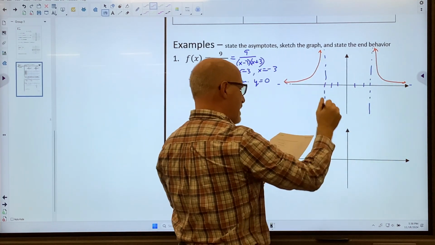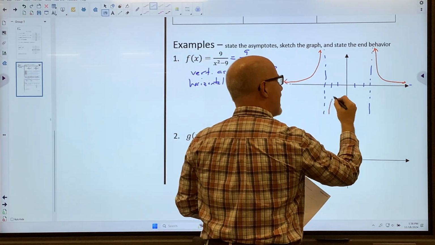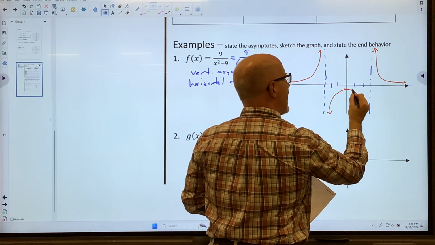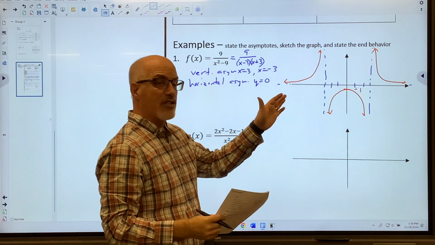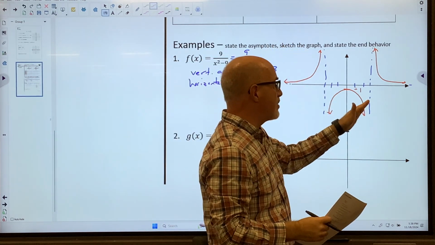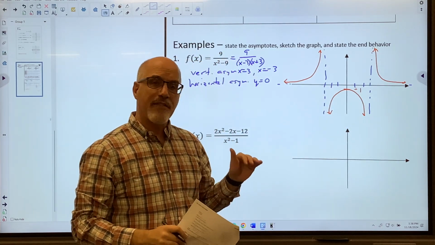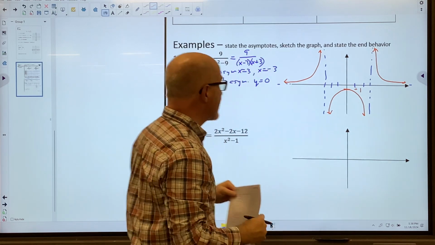And then in the middle here is what's a little bit different. It actually kind of looks like a parabola going down here, and it goes through at -1 here. So we've got a graph that looks a little different than we're used to, but we've established our asymptotes, both our vertical and horizontal. Then we looked at the graphing calculator to get the shape of it so that we could draw the sketch of it.